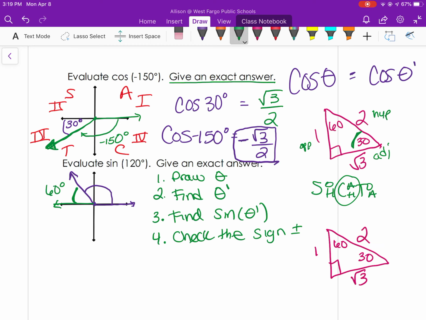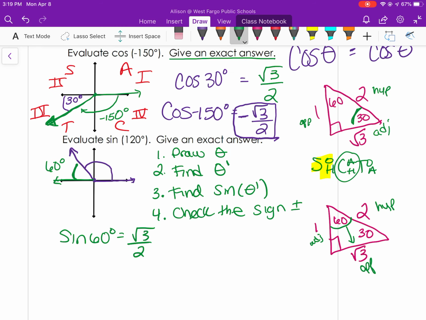I want the sine of the 60 degree angle, so this will be my opposite side. This one's my adjacent side, and this one's my hypotenuse. And sine is opposite over hypotenuse. So sine of 60 degrees will be opposite square root of 3 over hypotenuse of 2, which means that the sine of 120 degrees will be the square root of 3 over 2 as well.